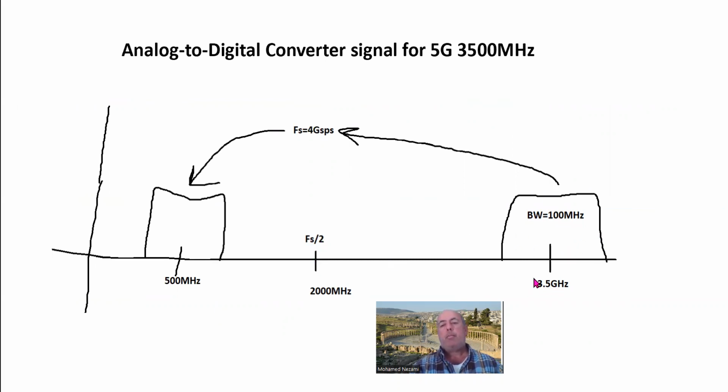And we see that from the relationship of the mixer-like subsampling. If you're sampling at 4 gigahertz, a signal which is 3.5 gigahertz, we end up at a signal which is basically 4 gigahertz minus 3.5, which is at 500 megahertz. So meaning in the digital domain, this signal is going to be at 500 megahertz.